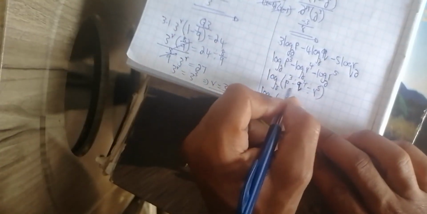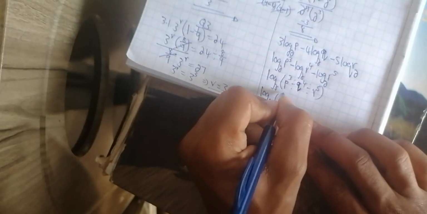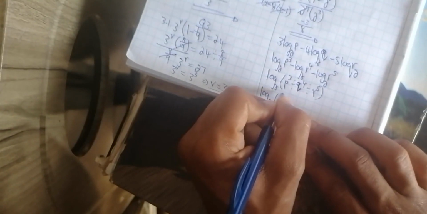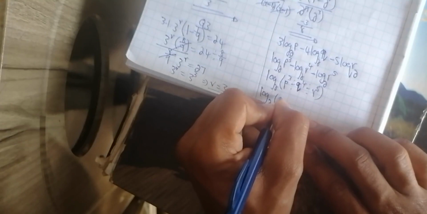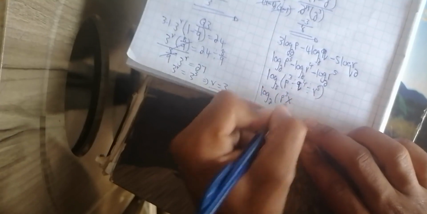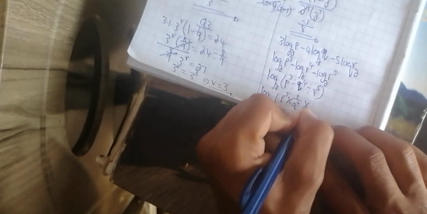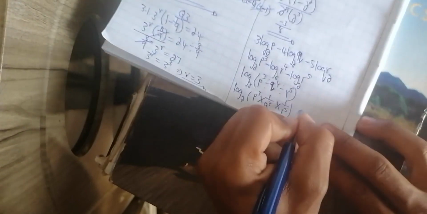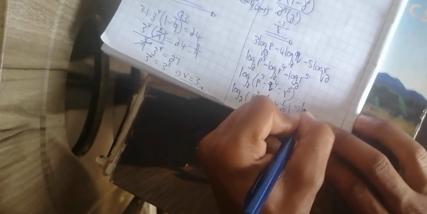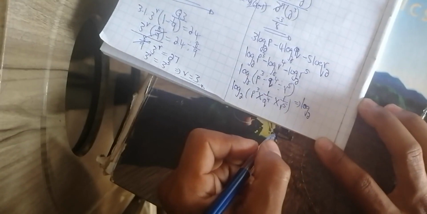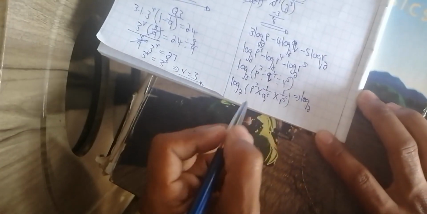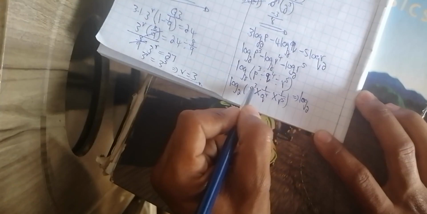Remember, I'm having P3. I can change this to multiplication, and this becomes 1 over Q4 and 1 over R5, which would then be log 2. And then what I can do there, check, I can say this times this times this is P3 over Q4 R5.